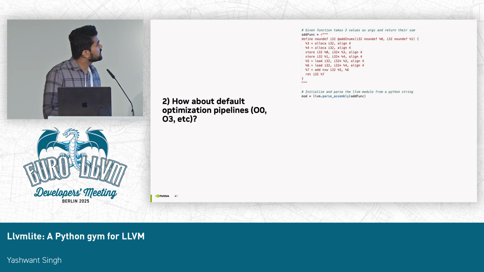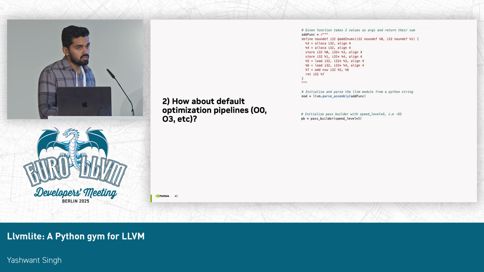So here we'll try to run the O3 pipeline on this LLVM IR module. Again, we'll create a module object from the Python string and parse it into a module object. Let's create a pass builder object. This time we are creating the pass builder object with speed level 3. Speed level 3 corresponds to O3 in LLVM.